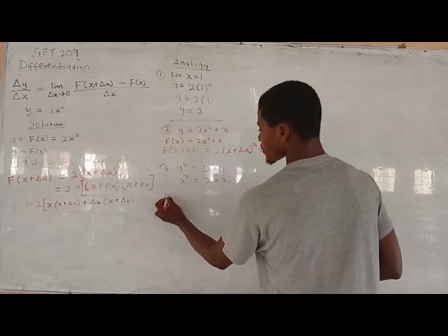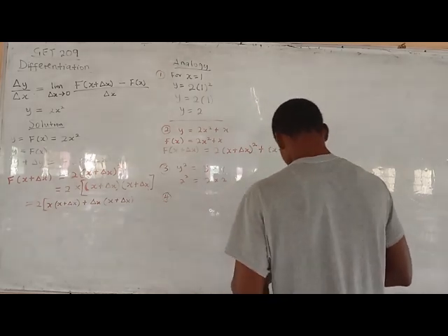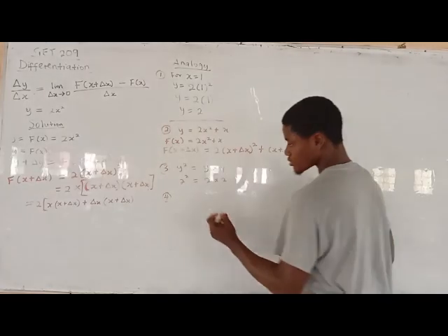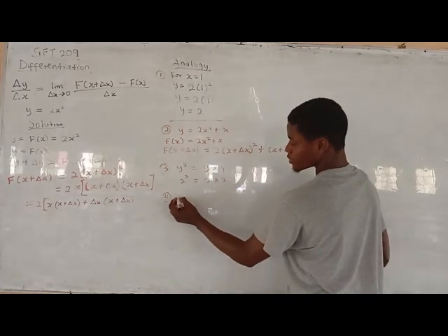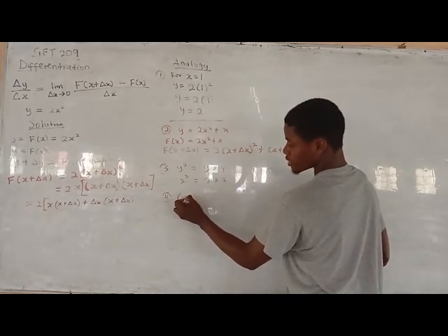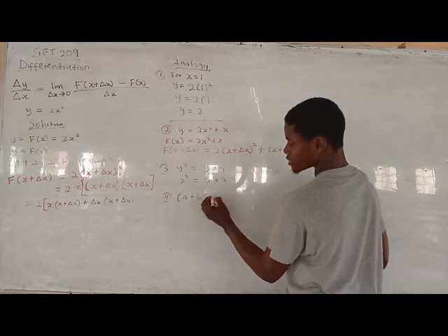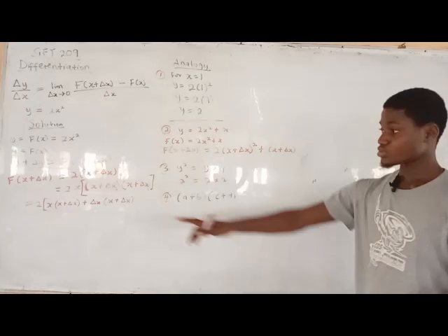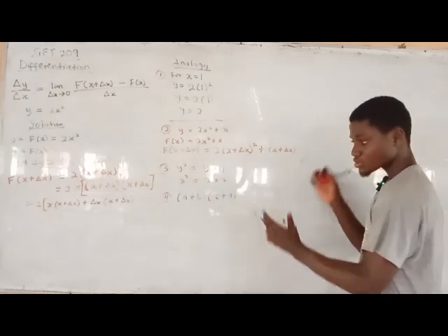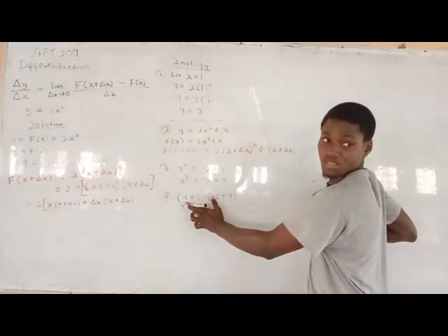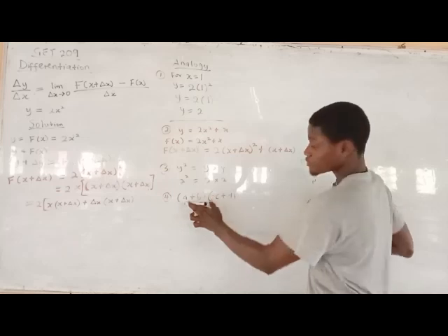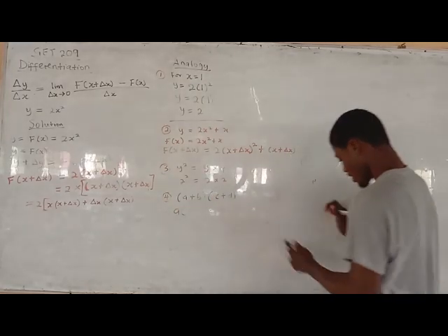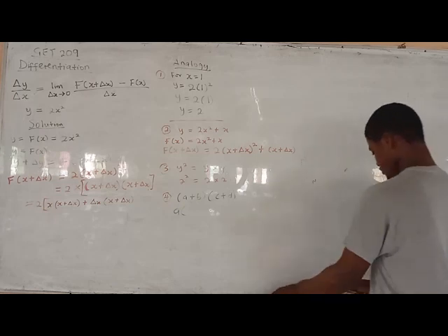Analogy 4. The reason I'm doing an analogy is so that you get a clearer picture of what we are doing. Let's take, for example, it was A plus B that was there, and this was C plus D. I'm using this so that it should look different from that. What you do is you take the first term, that's the first variable, which is A, right? And you multiply it by everything that is inside this other side.